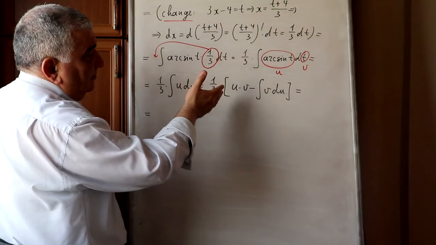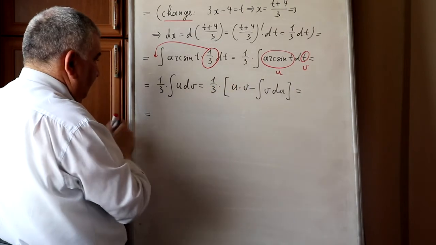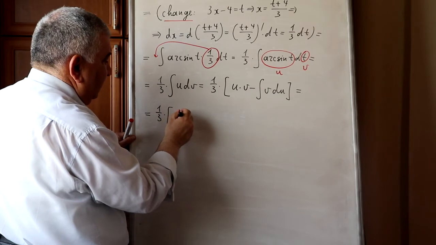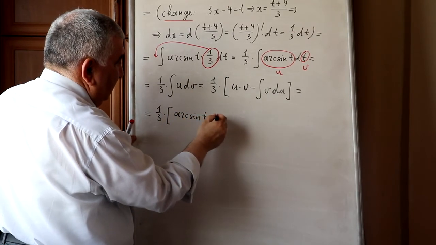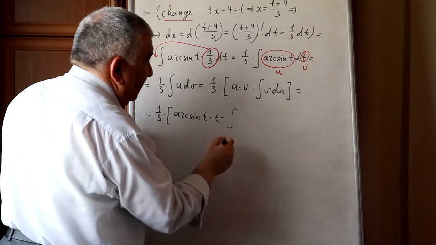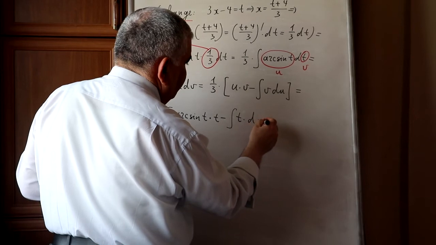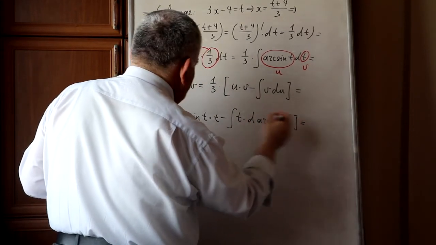Then substitute the corresponding expressions instead of u and v. 1/3 arcsine t multiplied by t minus the integral of t multiplied by d of arcsine t.